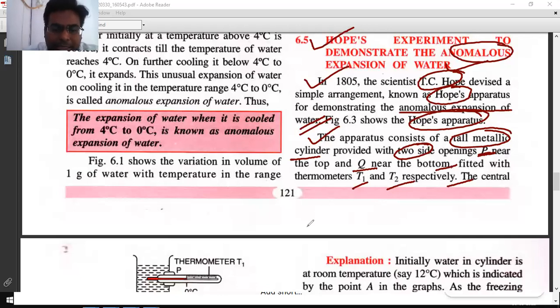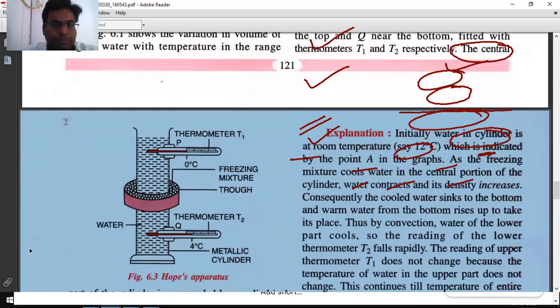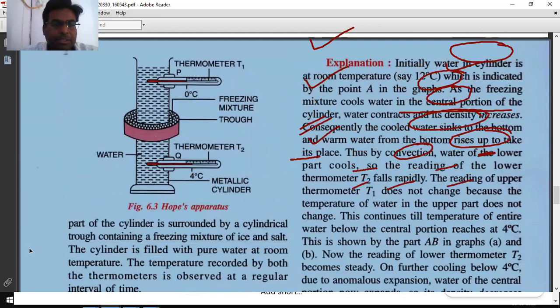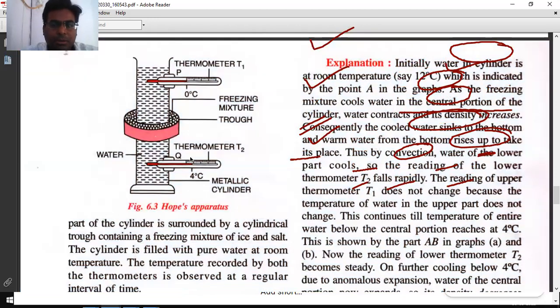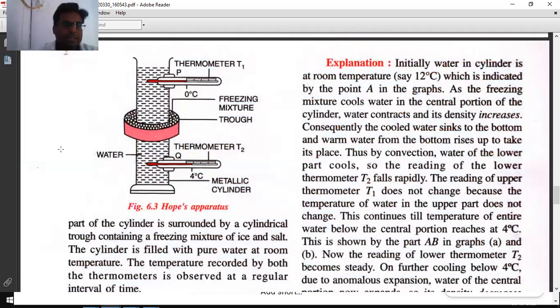Now look at the setup of this Hope's experiment. This is the setup made by Hope, right? You can see here, this is a metallic cylinder, and one thermometer is fitted below and another on the top.